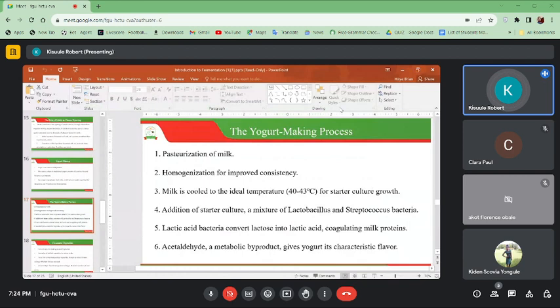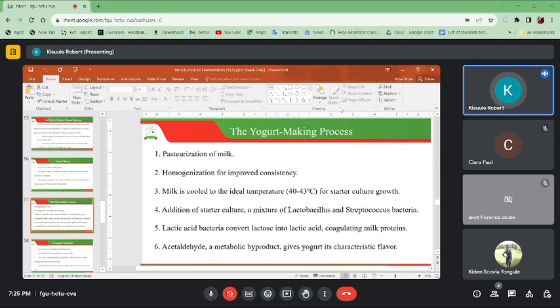Milk is then cooled to an ideal temperature of close to 40 to 43 degrees centigrade for starter culture growth, and the starter culture is added, which is always a mixture of lactobacillus and streptococcus bacteria. However, some people let this grow on their own, or use natural occurrences of lactobacillus, which is found in milk that is going stale, so people can get that and add it into the milk.